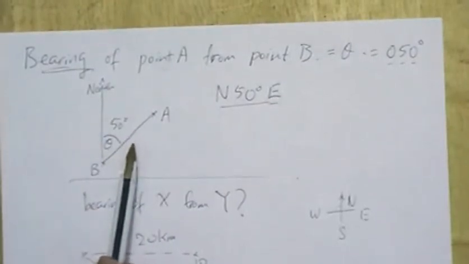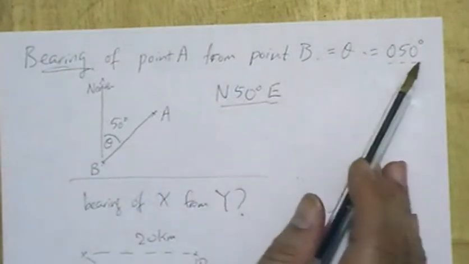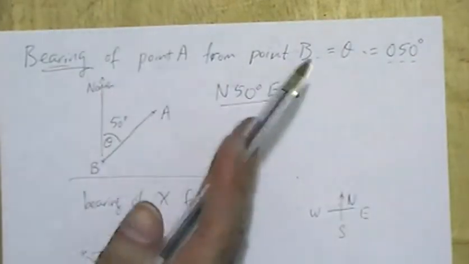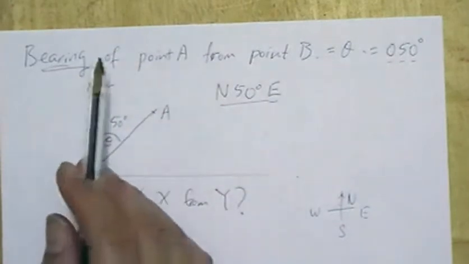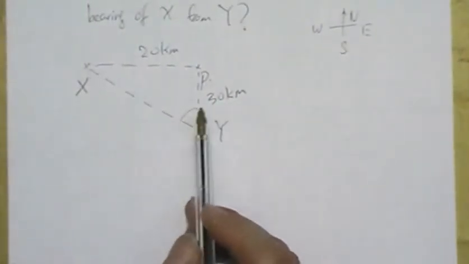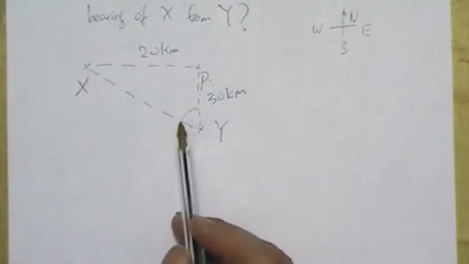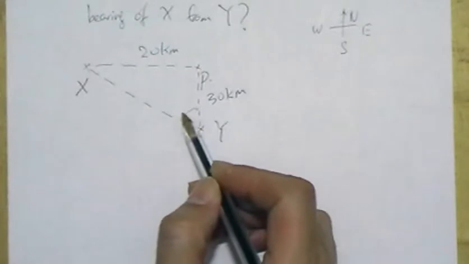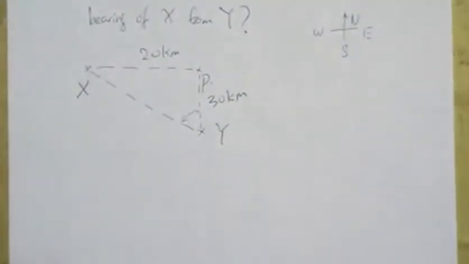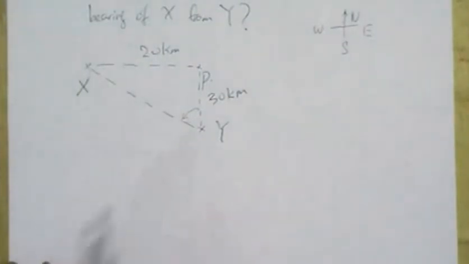So when we just give a number like 050 degrees, it is always the angle measured in the clockwise direction. In this case, that angle, as I draw it, goes in the anti-clockwise direction instead. So that angle itself would not be the bearing of X from Y.